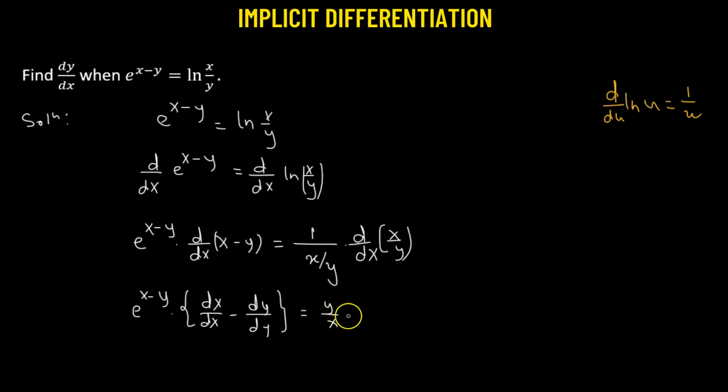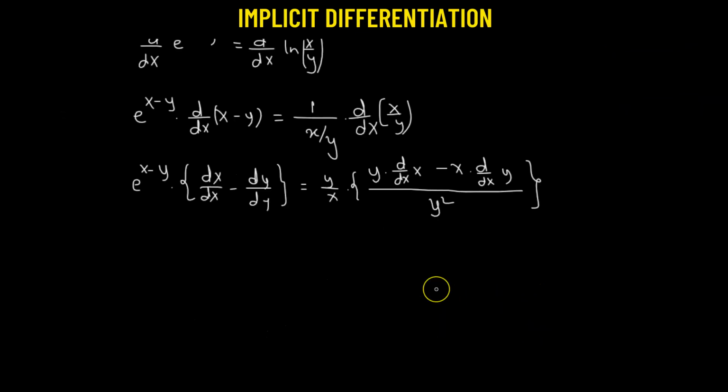this will become y over x multiplied by, so here we can use the quotient rule to get y squared in the denominator. In the numerator, we have y times the derivative with respect to x of x minus x times the derivative with respect to x of y. Right.